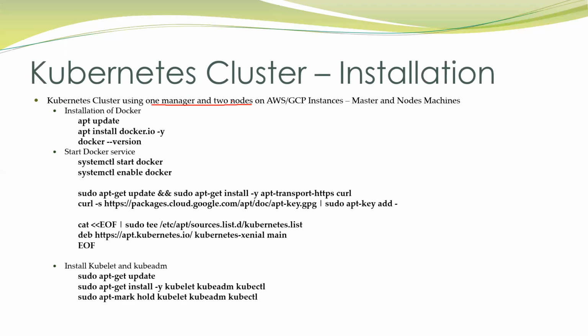For this installation, I will take the Ubuntu operating system, Ubuntu 18, and we will perform these commands for installation of that Kubernetes cluster. So let's create the servers on Google Cloud.